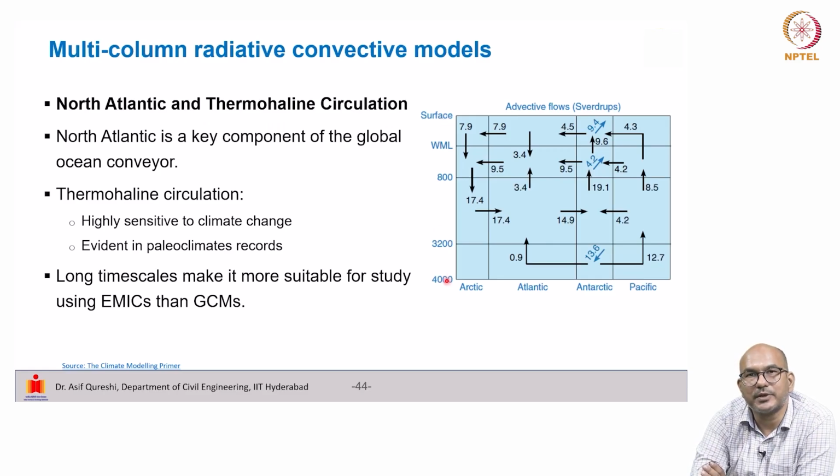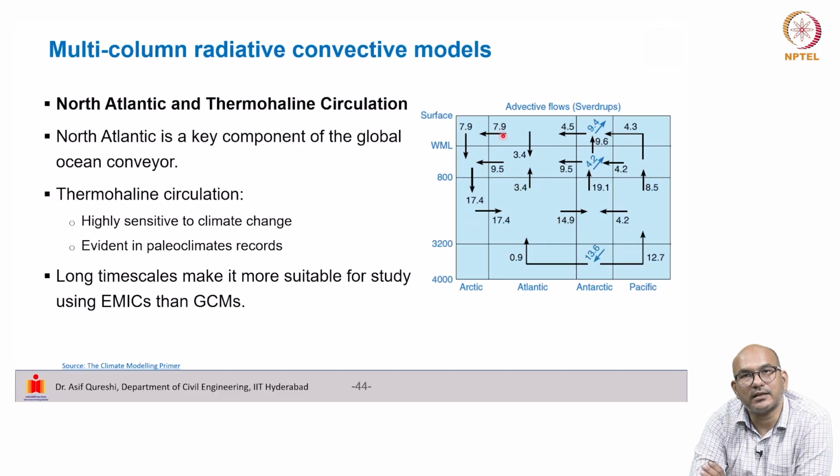This is the pictorial diagram. We have the advective flows in sverdrups. We have the surface here. This is the mixed layer, then different ocean depths, and then these are the basins: Arctic, Atlantic, Antarctic and Pacific. When we look at the flows, the Atlantic is interacting with major flows.